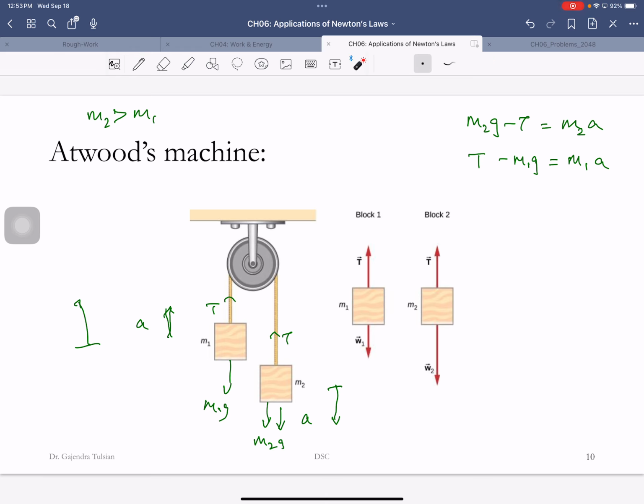For this guy that was the positive axis, so this force had a negative component along that axis. Tension minus that. These are all magnitudes, and you can add these two equations. So (m2 minus m1)g equals (m1 plus m2)a.